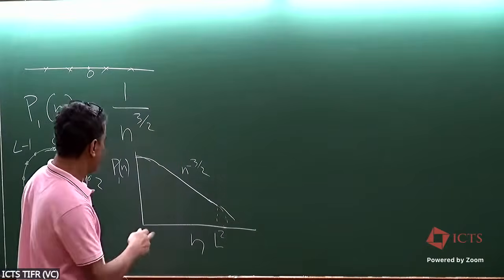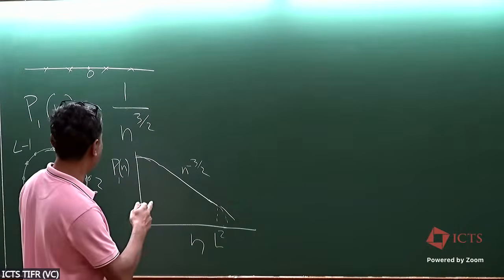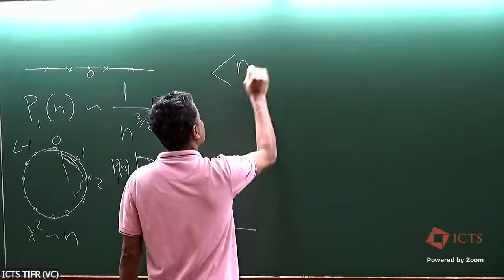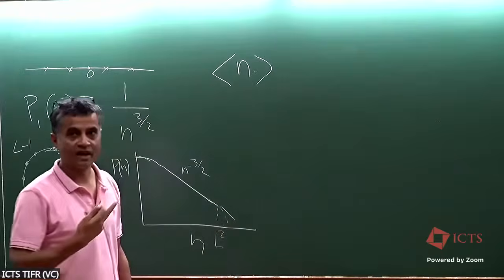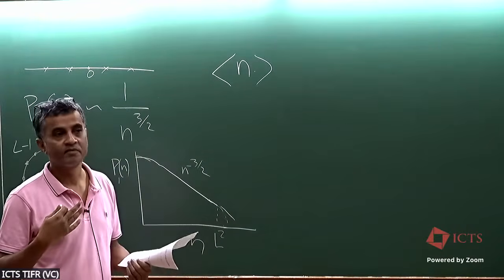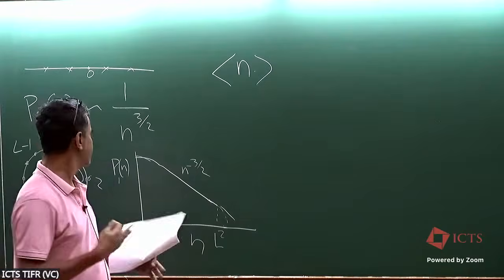Now one question you can ask is, what is the mean return time? On the infinite lattice, the distribution is this.